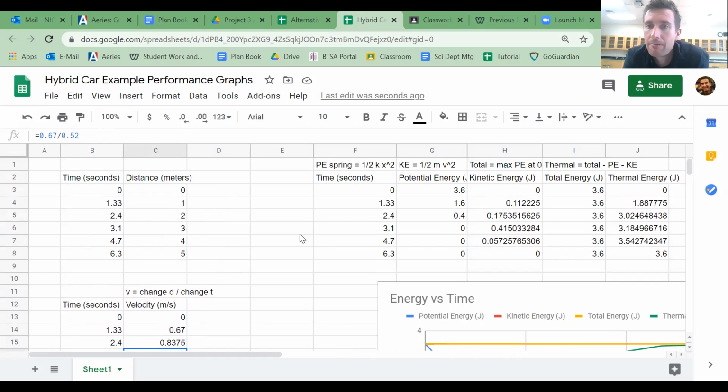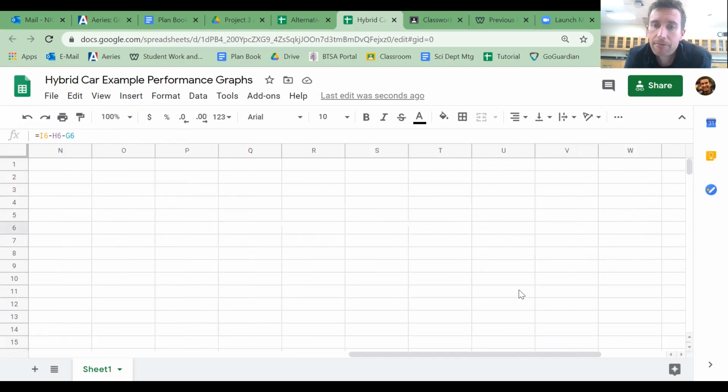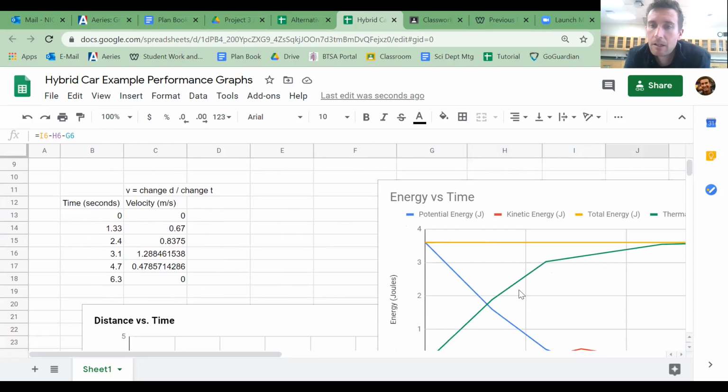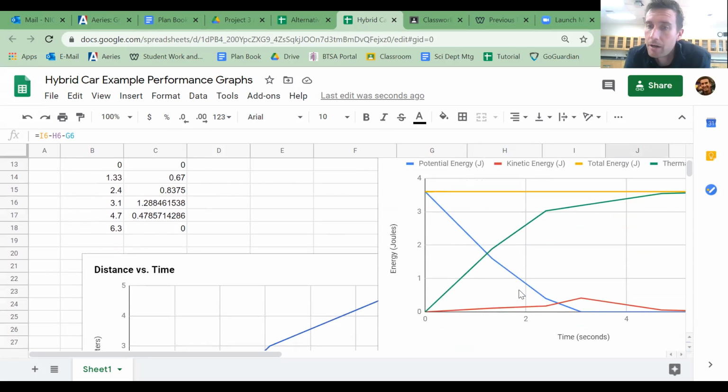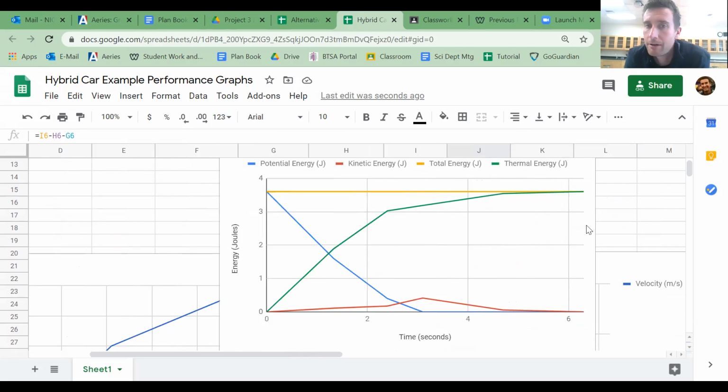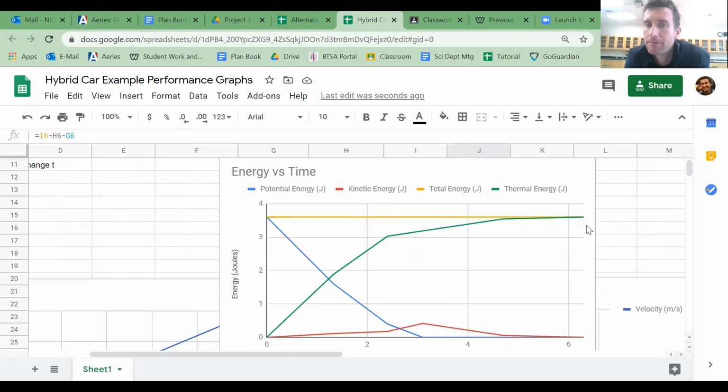And then when it changed my velocity, it also changed my kinetic energy at 3 meters, which was 3.1 seconds. And then it didn't change my total energy, but it did change my thermal. And now you can see on the graph, whoops, it looks a lot smoother. Now it doesn't have that kick down, and this looks totally appropriate and right. Okay, so now my energy graph looks really good.